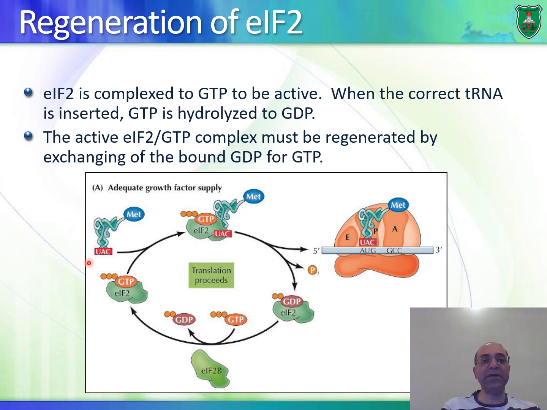What happens then is that initiation factor 2 is now active, and it can bind to another initiating tRNA molecule that has a methionine. And you can have another messenger RNA primed for translation.